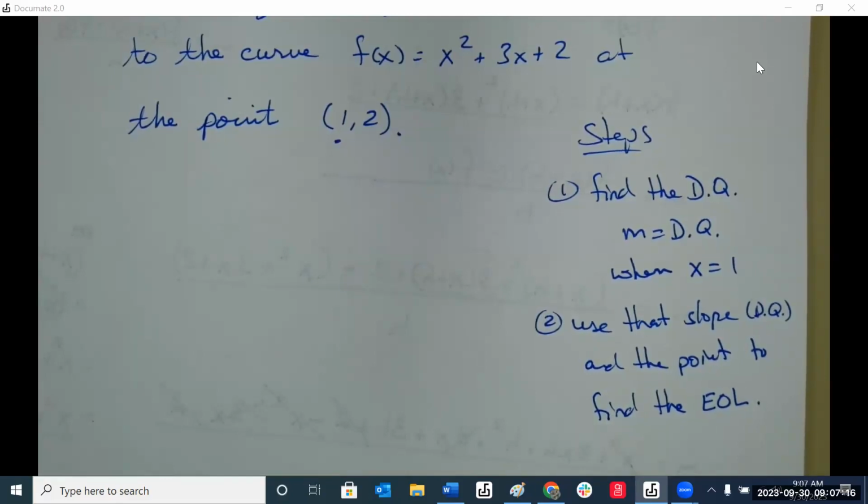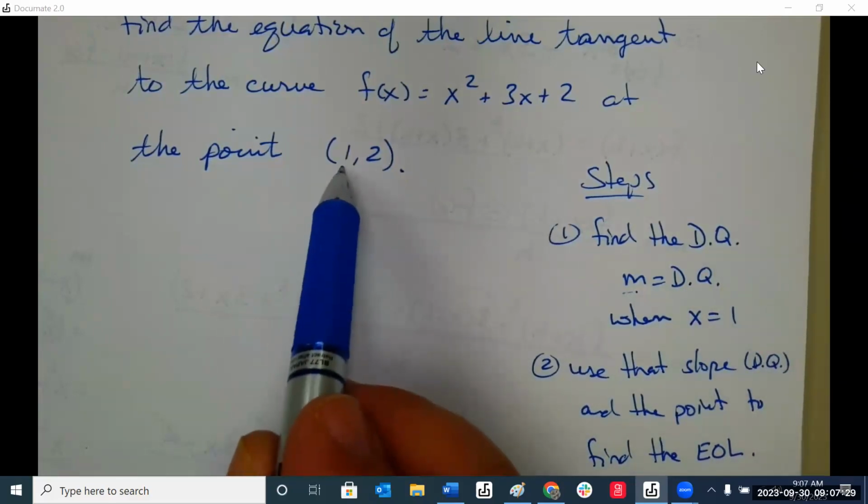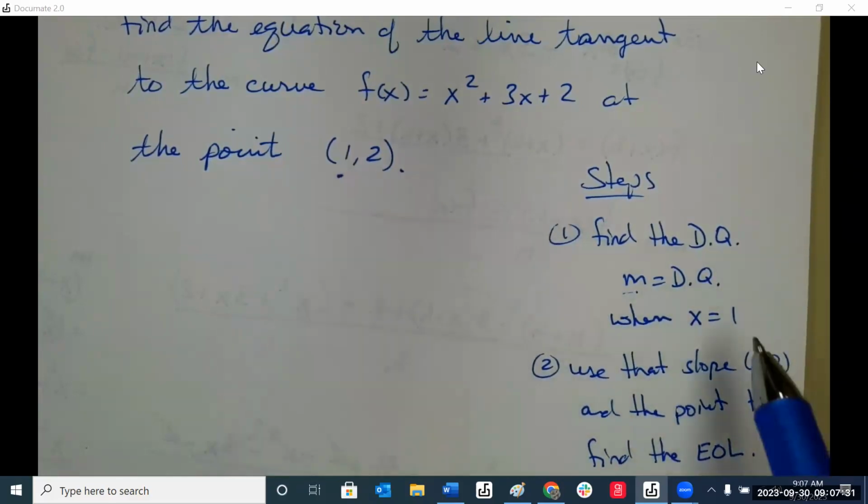It's just a roundabout way that you have one extra thing to do, because the difference quotient is a lot of steps. So find the difference quotient, which is the slope. Plug in the value x being 1, that'll give you the slope.